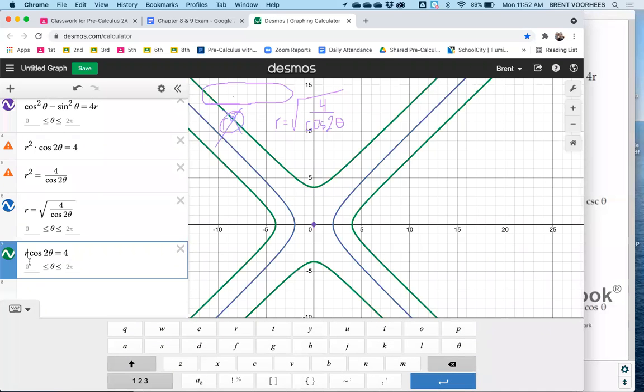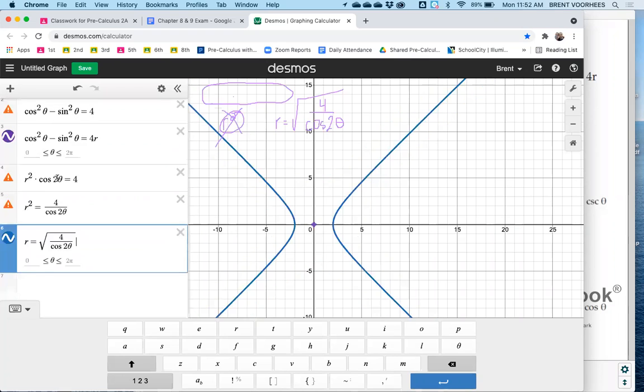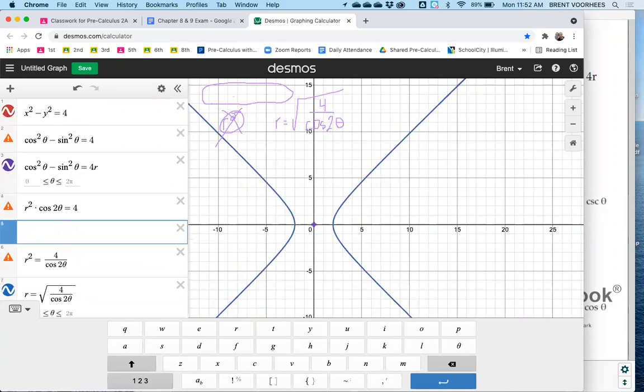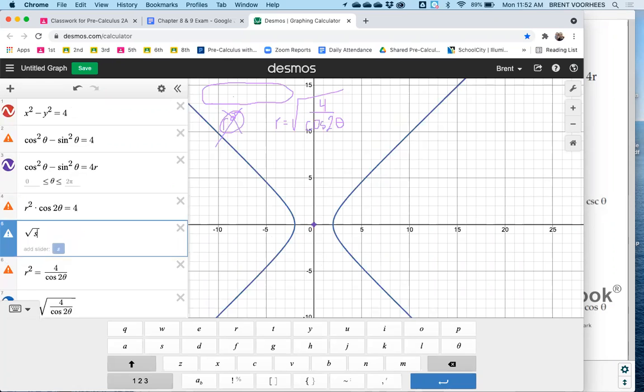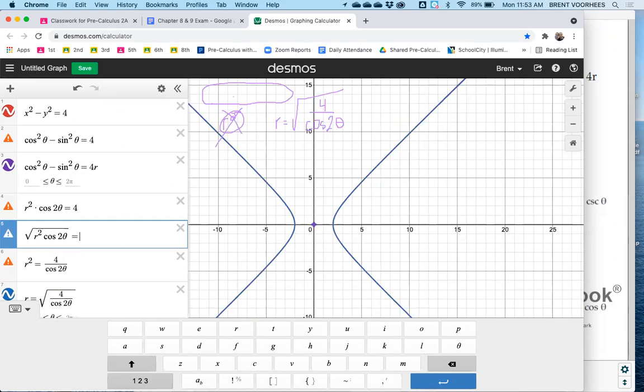So that's the difference between C and D. Why you had to rearrange C is because you couldn't have that power. I am curious on C here. If I would have just put this as the square root of r squared cosine 2 theta equals the square root of 4, which is 2. No, it doesn't work that way. Yeah, you just have to do your algebra sometimes.